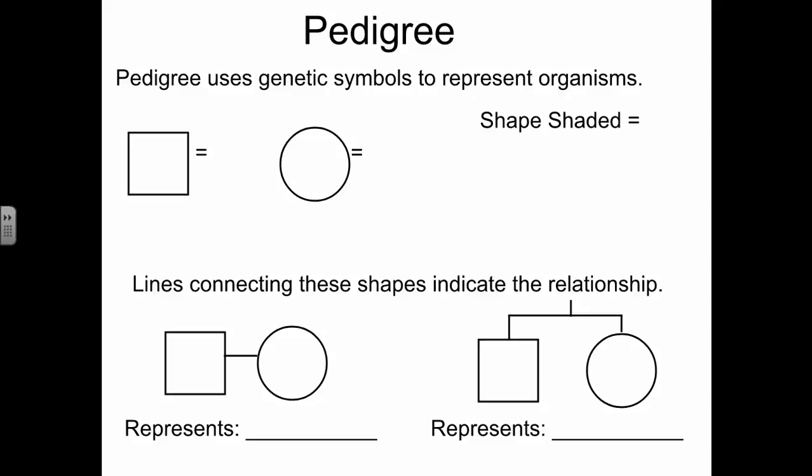So let's start here. We use symbols to represent people. This is often done with families, often done to trace how a disease was inherited through a family, things like that. So when we use the symbol of a square, that's referring to a male. When we use a circle, that's the symbol we use for a female.